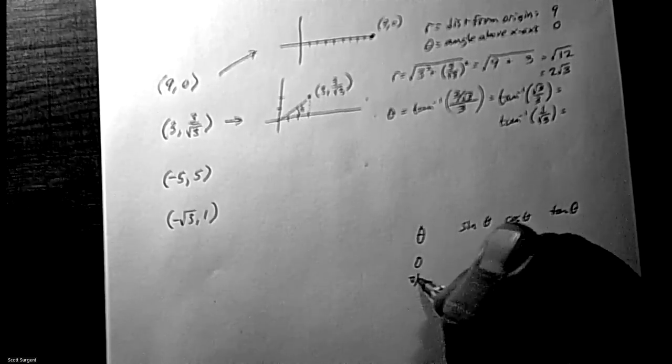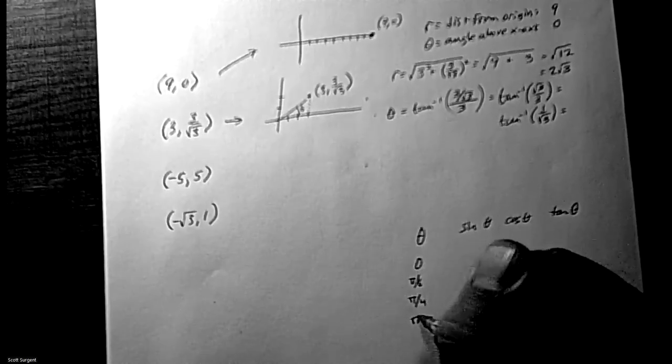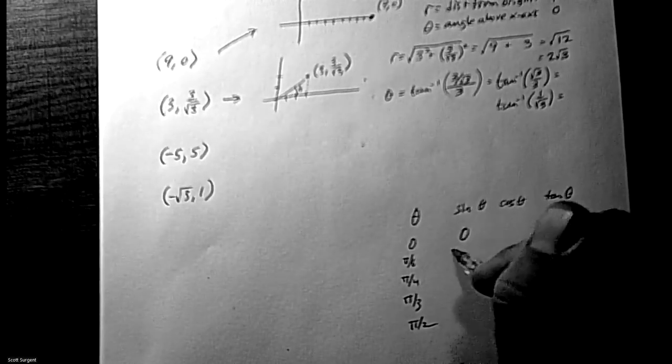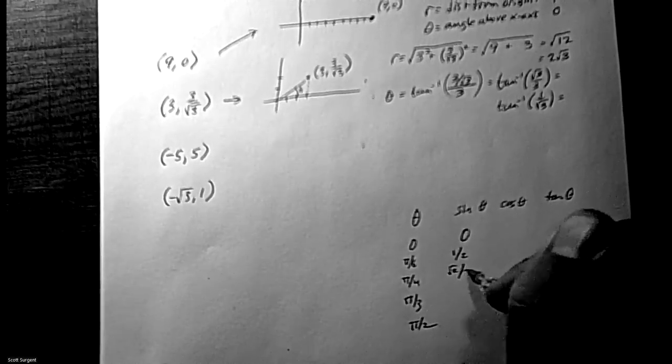So 0, pi over 6, pi over 4, pi over 3, and pi over 2. So in the first quadrant, the sine counts up. The cosine counts down. Tangent is just sine over cosine, so 0, then 1 over rad 3.